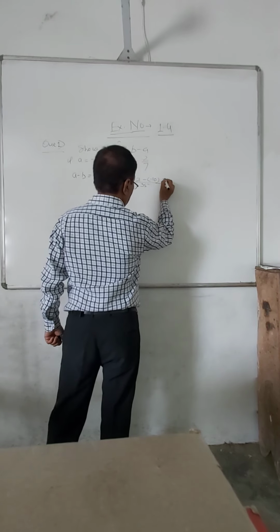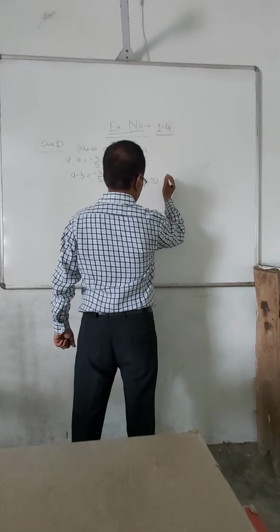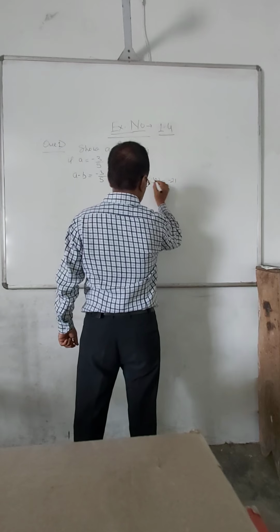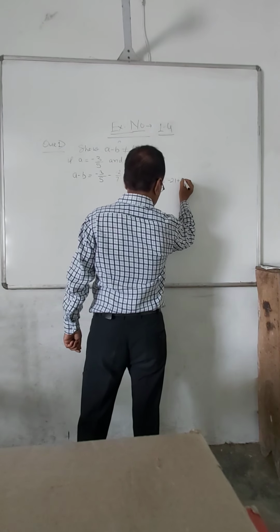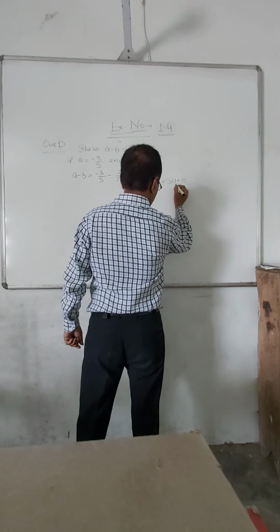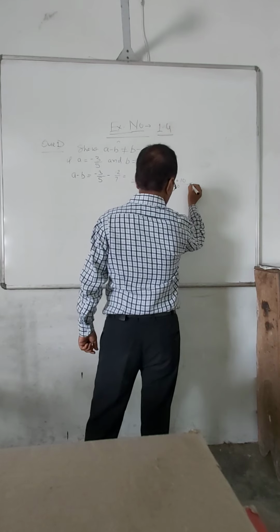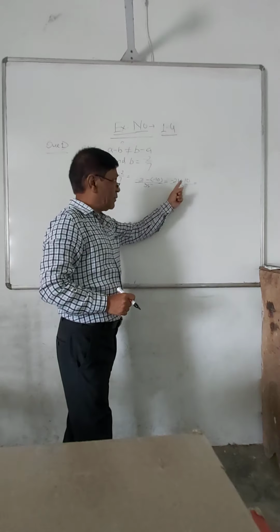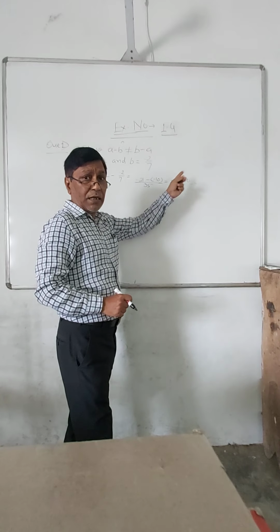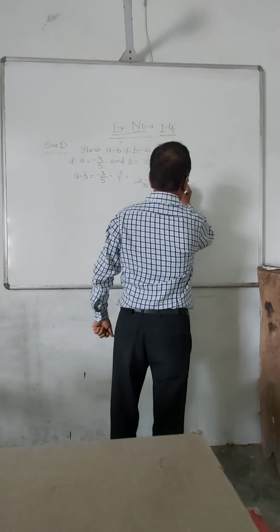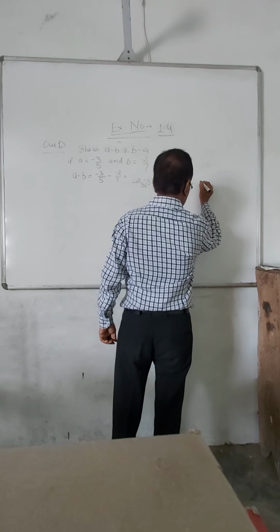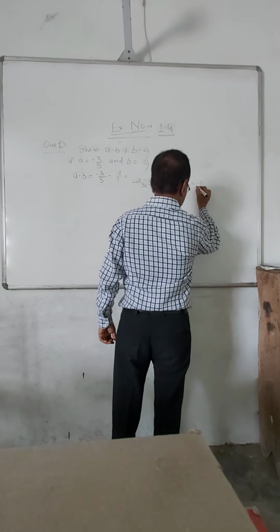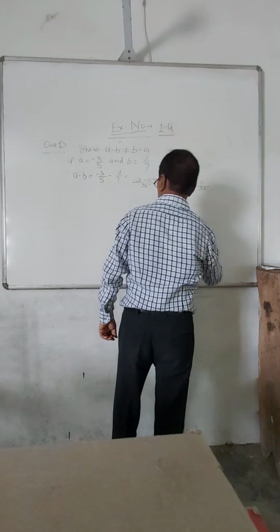So again it will come minus 21 plus 10 upon 35. One is negative, one is positive, so subtract the smaller number from the bigger number. 21 minus 10 will be 11, and the sign will be negative. So it will come minus 11 by 35.